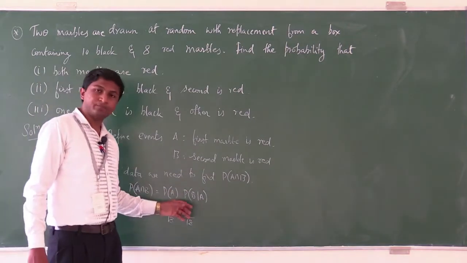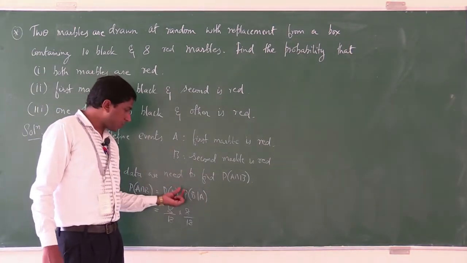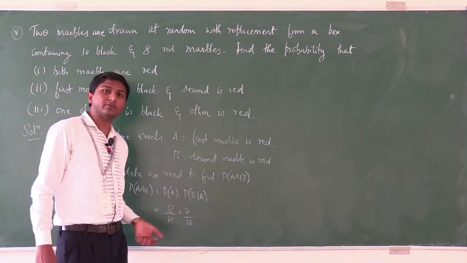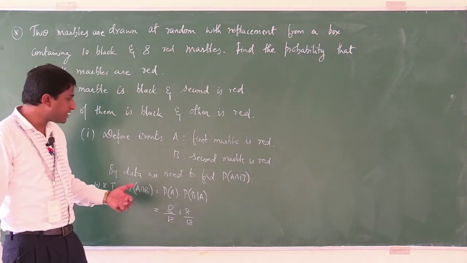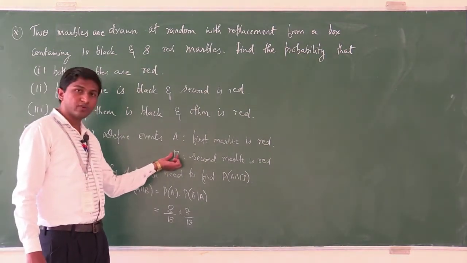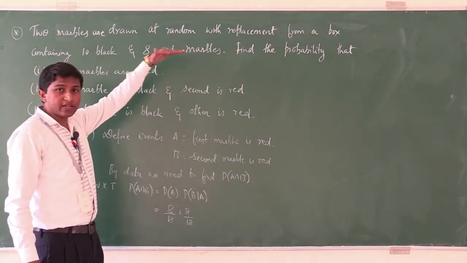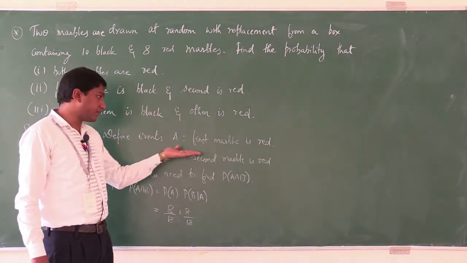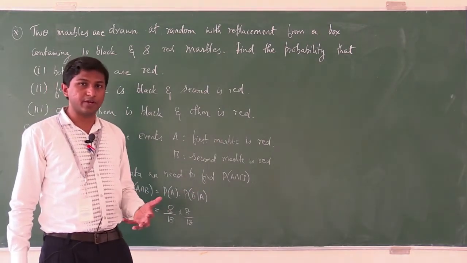Okay. Similarly, P of B bar A. What is the meaning of that? Probability of event B given that event A has already occurred. That means that I have to calculate the probability of event B given that the first marble is already found to be red.